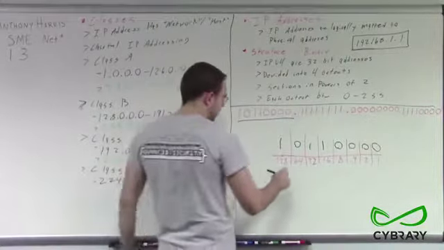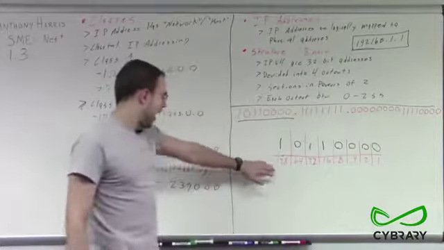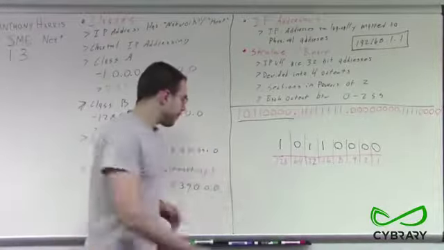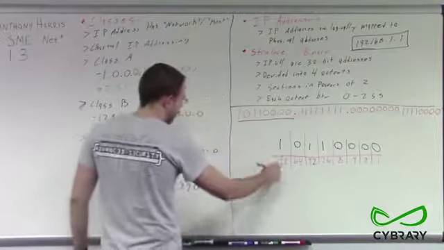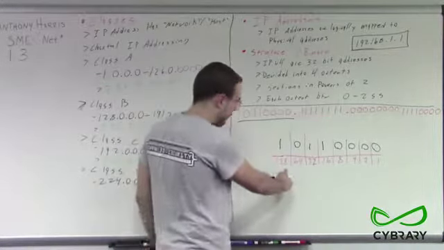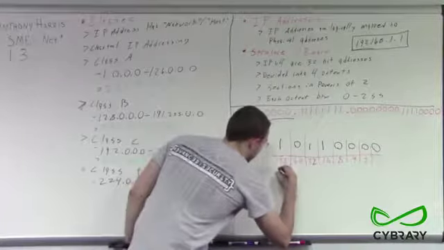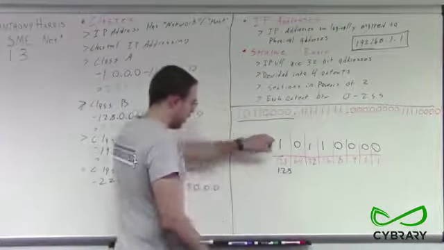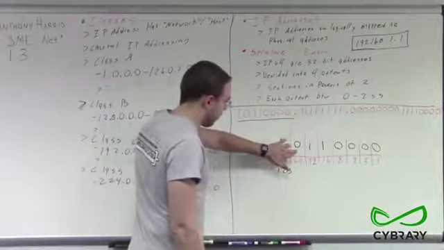We'll start from our highest number and go down. We have an on switch in our 128 place, so our number right now is 128. We have nothing in our 64 place.